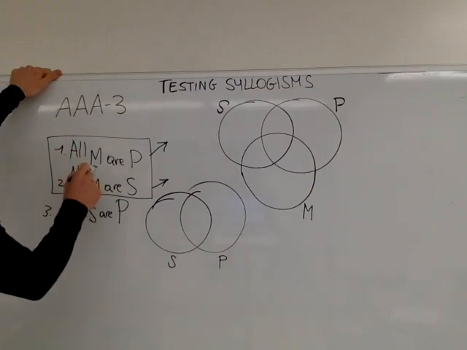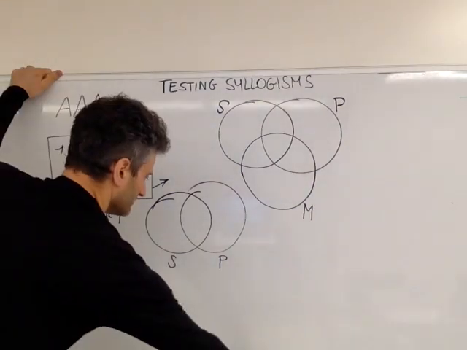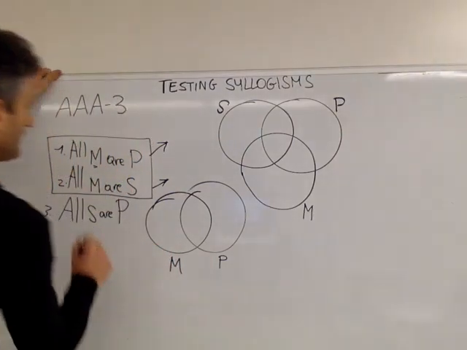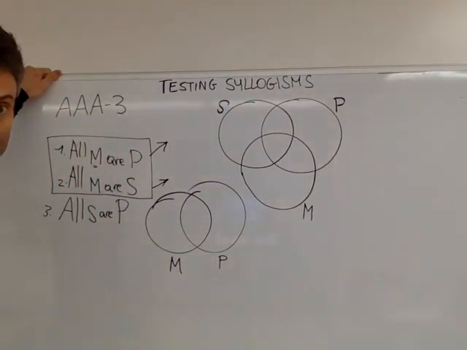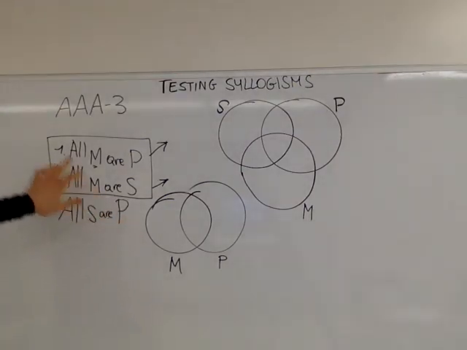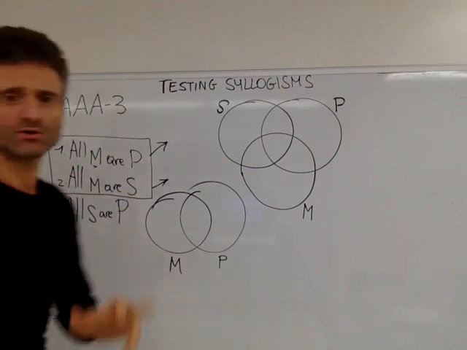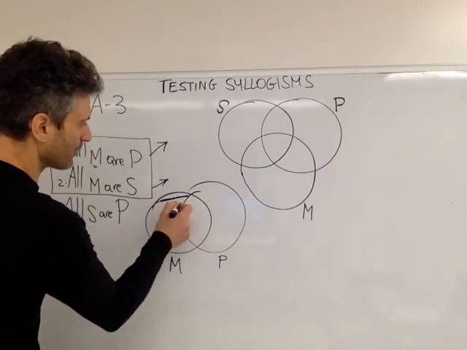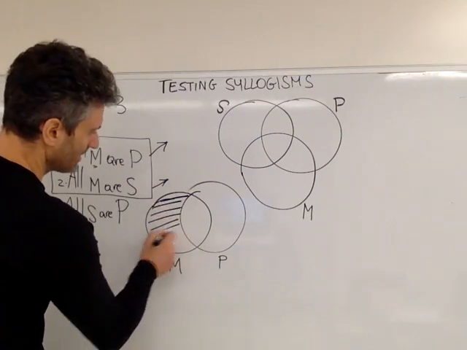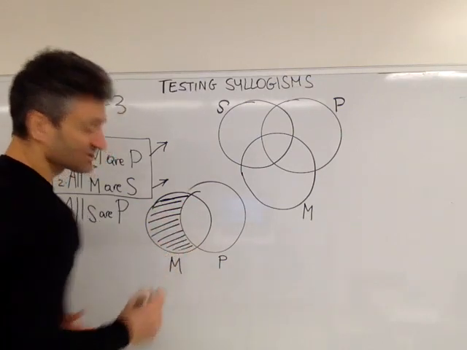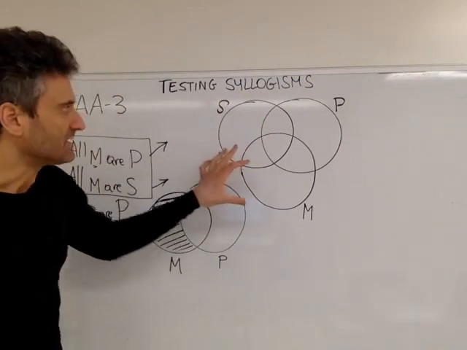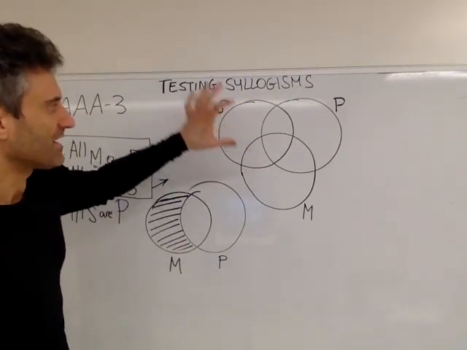But the subject is M. And the predicate is P in this case. Okay? So how do I diagram all M are P? Well, you remember this. I explained it earlier. You shade area 1. Okay? You shade area 1. So here the trick, the tricky part, is going to be to identify area 1.